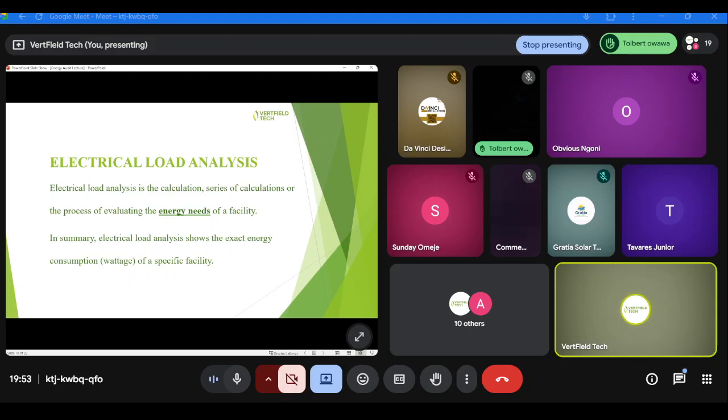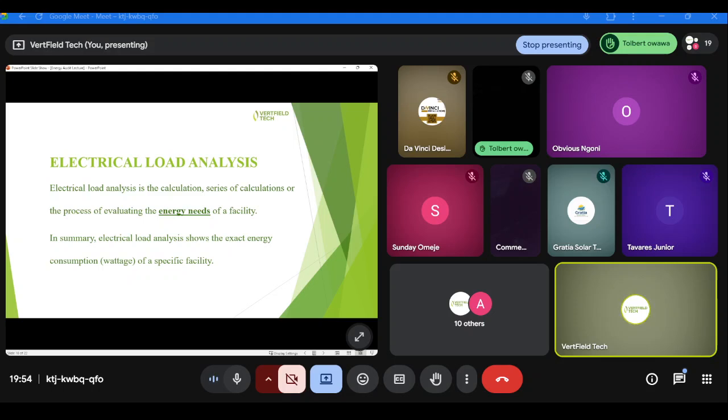If you all remember clearly, we said earlier that an energy audit helps you to know the energy need of your facility. But then we didn't tell you through what medium. Electrical load analysis is that tool that will help you to know your energy need.